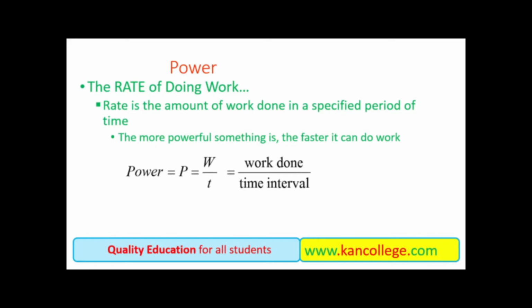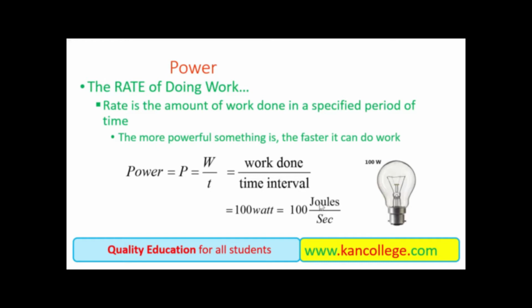So mathematically we can write power is actually the work done per unit time. For example, if an electric bulb is of 100 watt, then it means that it consumes 100 joules of energy, as work is a form of energy, per second.